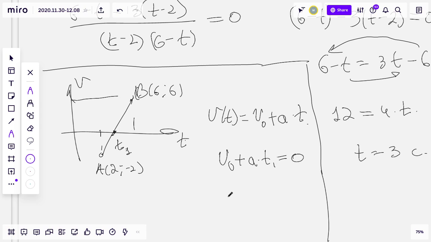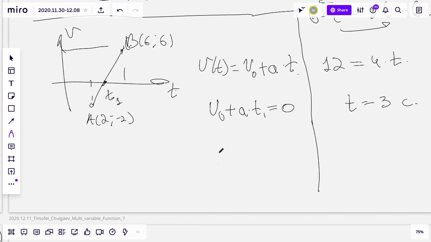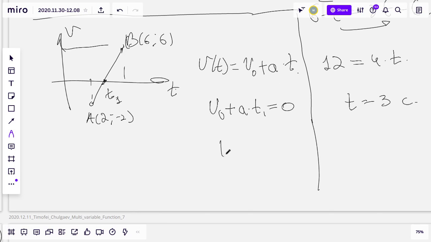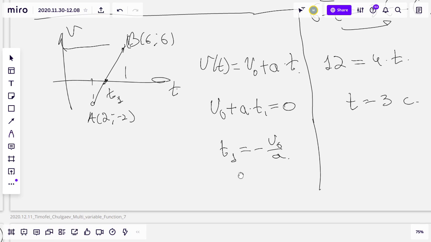Velocity equals 0. So t1 equals minus v0 divided by a, and we must find the values of v0 and a.